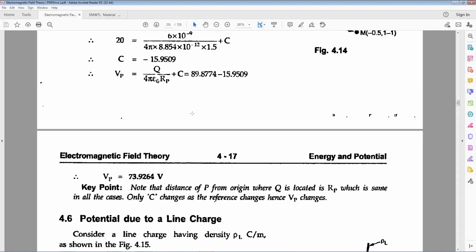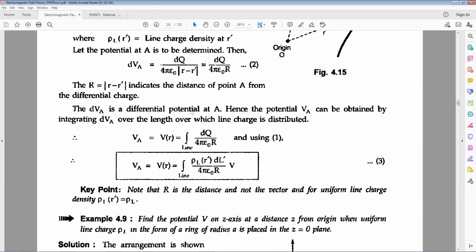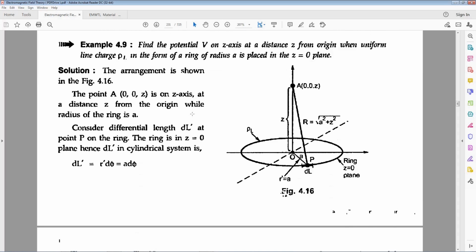And coming to the next one. Find the potential V on the Z-axis at a distance of Z from the origin when the uniform line charge rho L is in the form of a ring of radius A placed at Z is equal to 0.